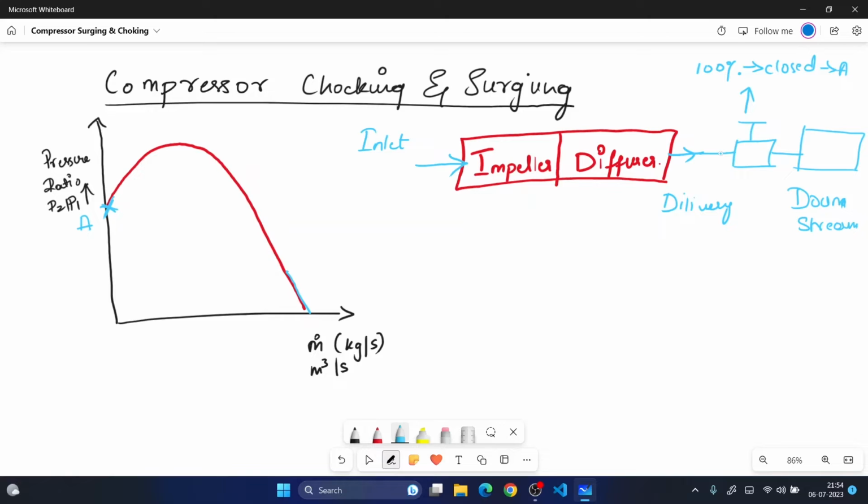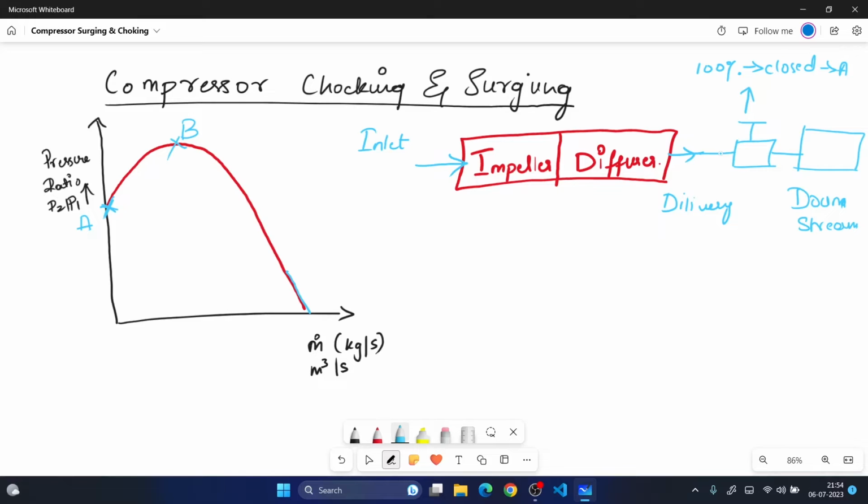It may not have any rotating part, but due to the change in the cross-sectional area of the diffuser, it increases the pressure by altering the gas velocity. Initially the pressure increases, and there comes a point where I reach a maximum pressure ratio, after which increasing the mass flow rate doesn't increase the pressure ratio.